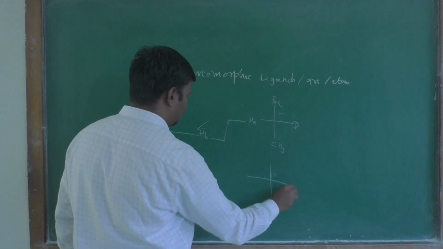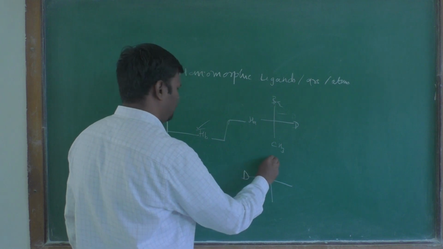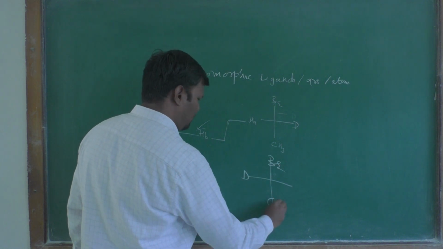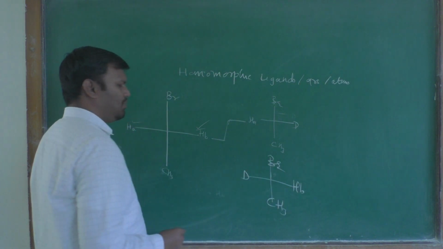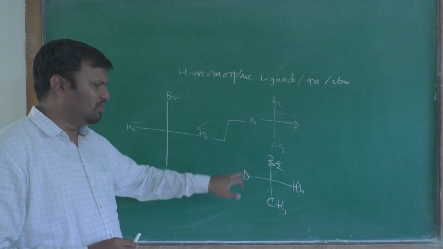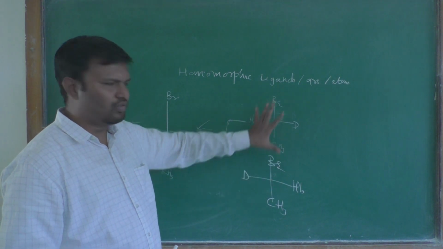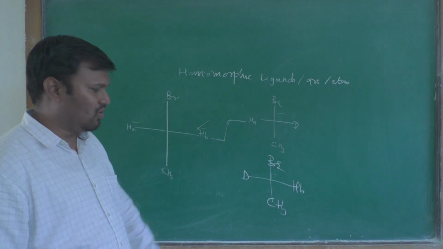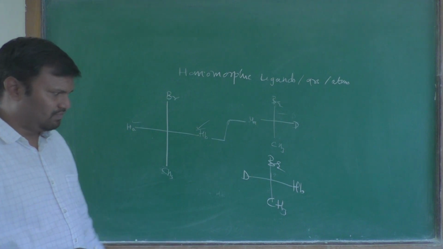Firstly we replace Hb. These two compounds obtained are enantiomers to each other. When you take this compound and put it on this compound, these are non-superimposable mirror images, and non-superimposable mirror images are nothing but enantiomers.